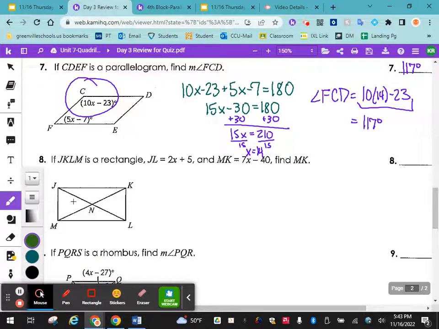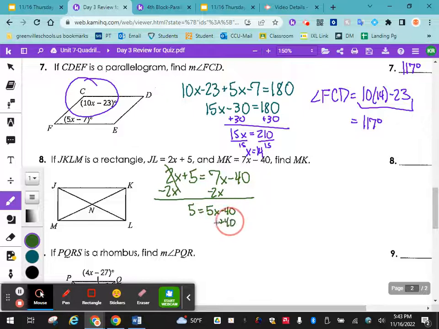All right, a rectangle, J L and M K. They are the diagonals of a rectangle. You can look at your cheat sheet. Diagonals of a rectangle are congruent. So you set them equal to each other. X equals 9. It asks what M K is. So go back to M K and plug in 9.